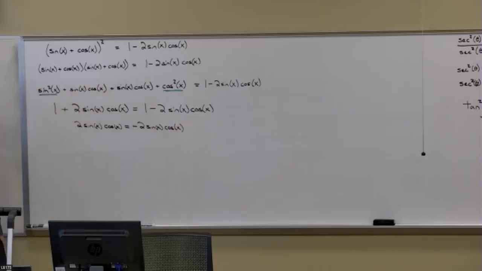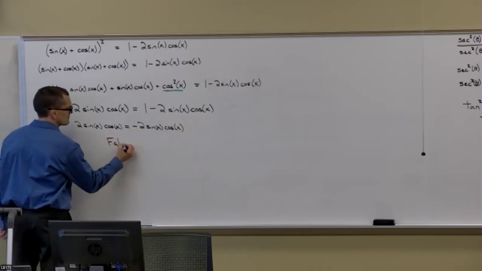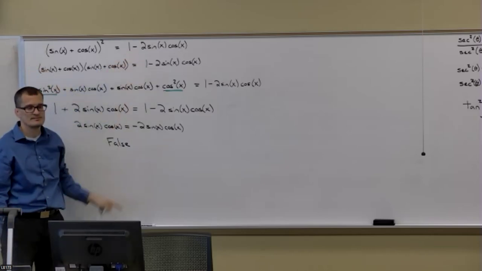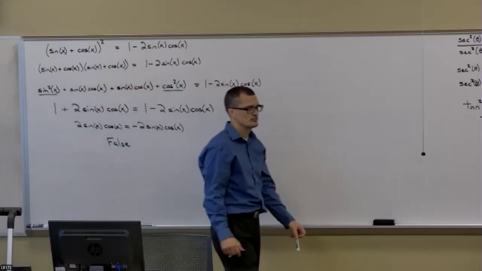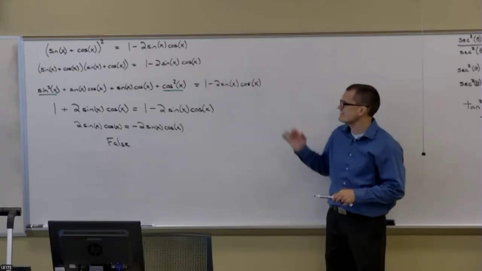That's obviously false. Unless you always get 0, which you don't, obviously, for every value of x. So this is false in general. And so that means that one's false. However, notice if I put a plus sign, it would have been true. Right? If I'd have changed that one little bit from a minus to a plus, it would have been true. But as it stands now, that's false.